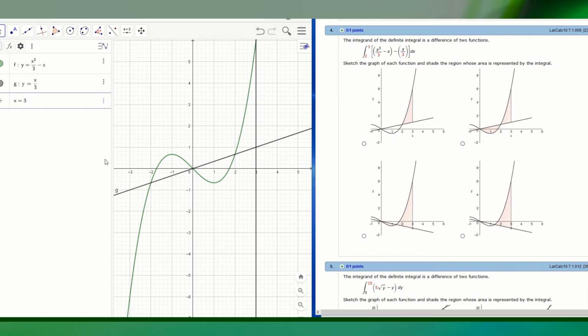But you need only between 2 to 3. Only between 2 to 3 have to shade, not between 0 to 3. So though these two curves look like the same, I am interested only in the thing shaded between 2 to 3. So this must be my correct solution, not this one.